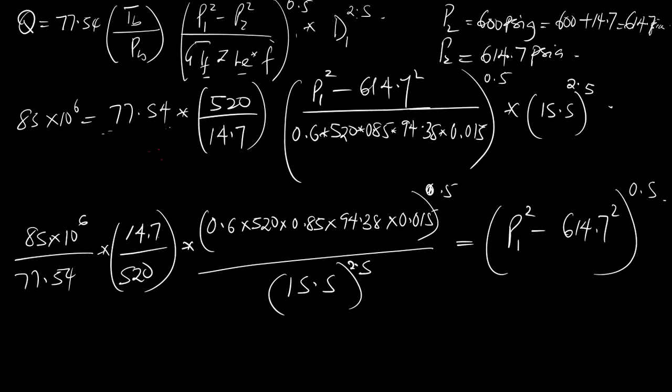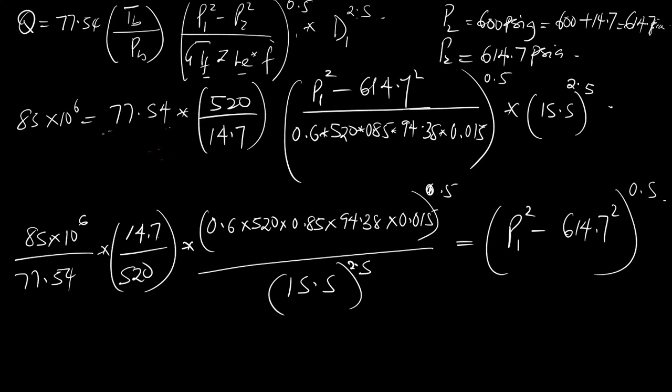We have 85 times 10 raised to power 6 times 14.7 divided by 77.54 divided by 520, times bracket open 0.6 times 520 times 0.85 times 94.38 times 0.015, bracket close raised to power 0.5, divided by 15.5 raised to power 2.5.